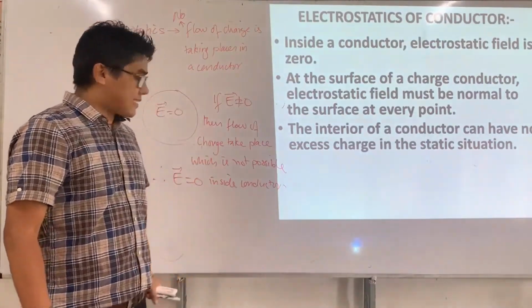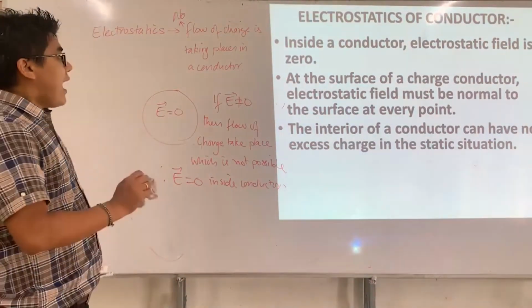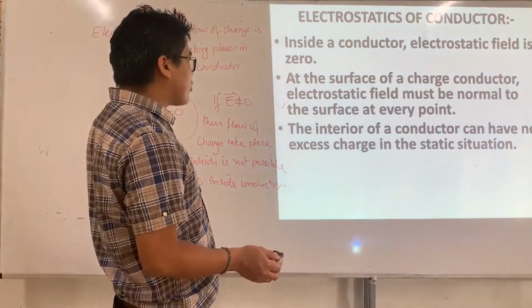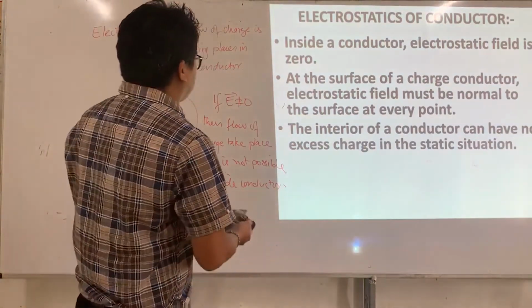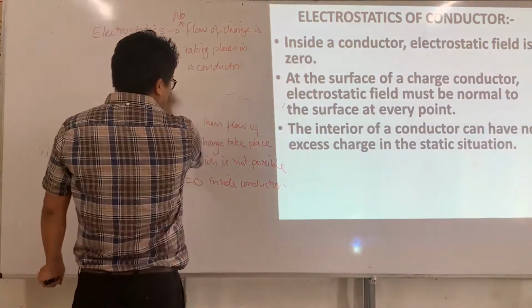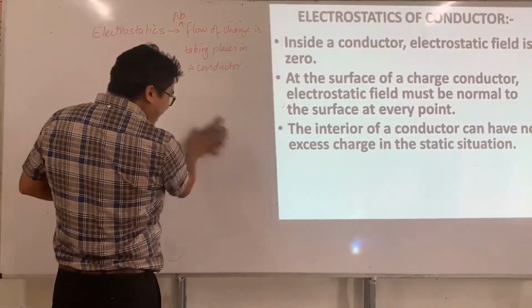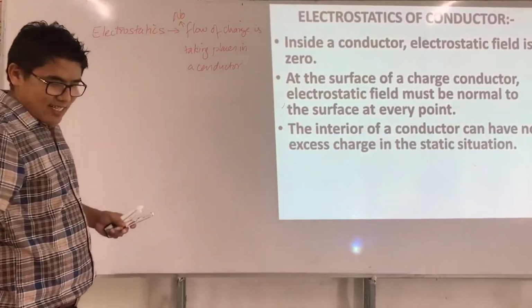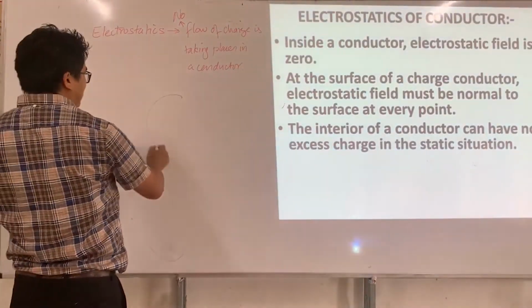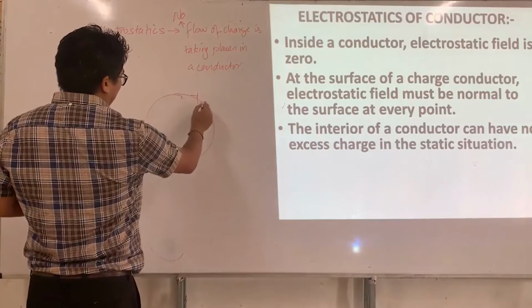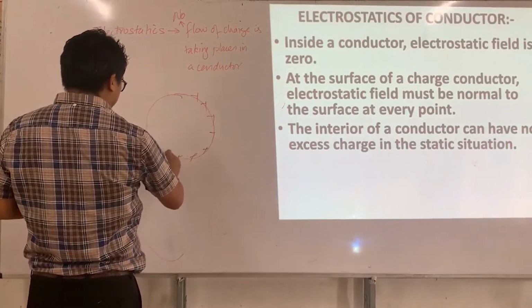Now second is that at the surface of a charged conductor, the electrostatic field must be normal to the surface at every point. Now the second point I am going to prove is this. Let's say I choose a surface. This is a charged surface.